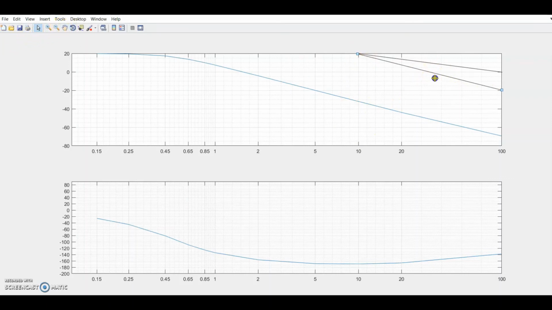Now as per the transfer function, this part should be minus 40 dB per decade after the second corner frequency. So I am just extending this. You will know what I am doing very soon.